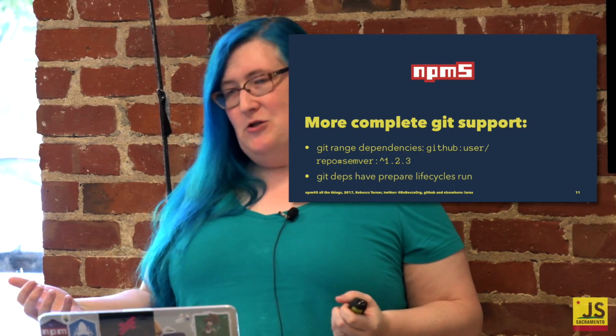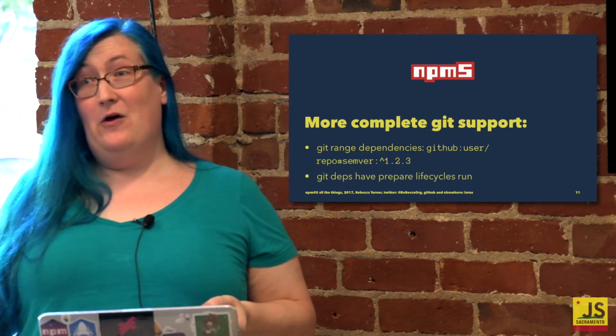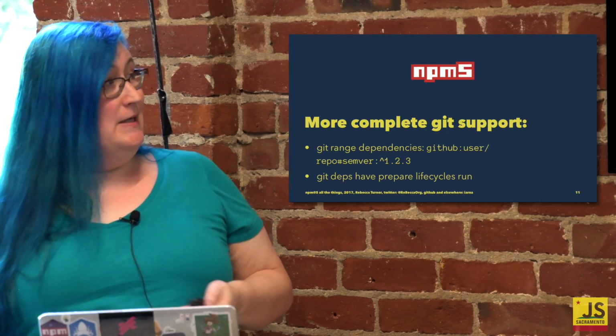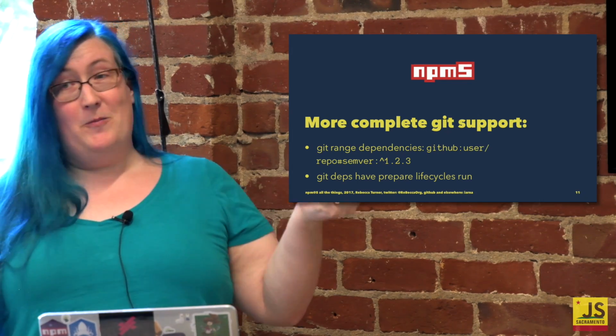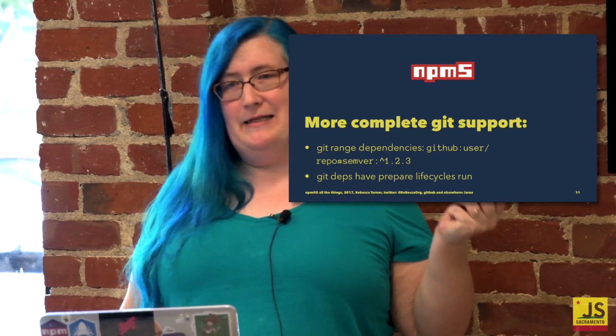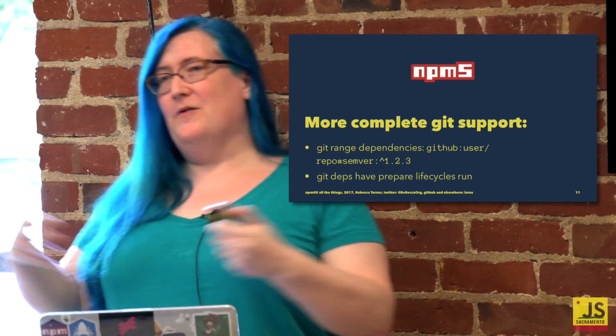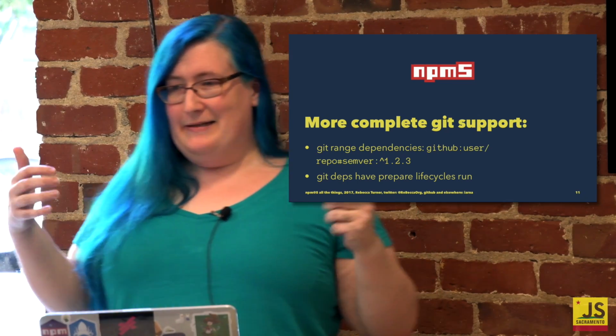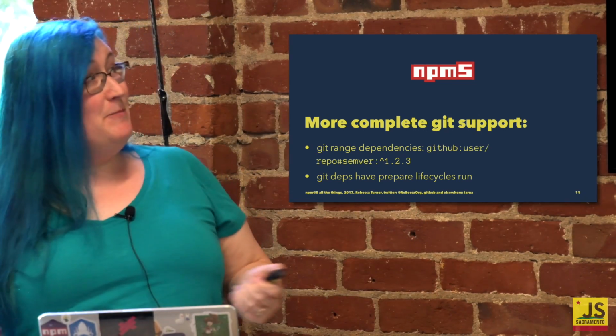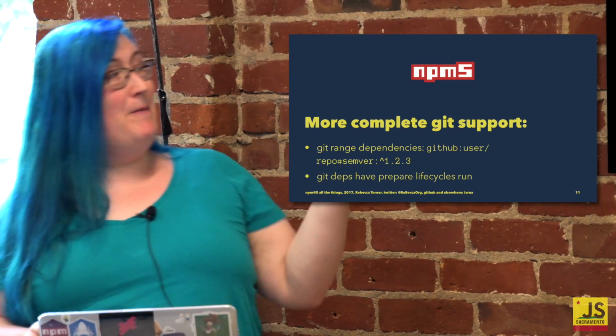Normally with a registry package, you'd put this in something like a prepare lifecycle or a pre-publish lifecycle. Well, Git deps will now actually run the prepare lifecycles, and they didn't do this previously. The reason they didn't do this is that in order to run the prepare lifecycle, we have to install all of your dev dependencies. And of course, it substantially slows it down, but it makes it actually be possible.